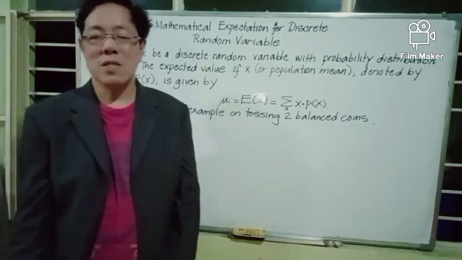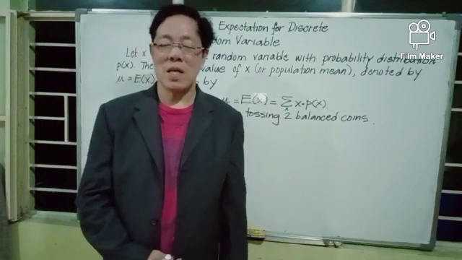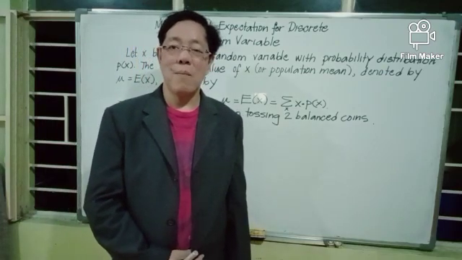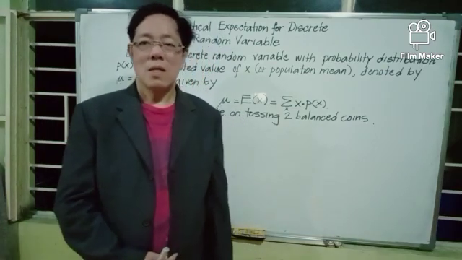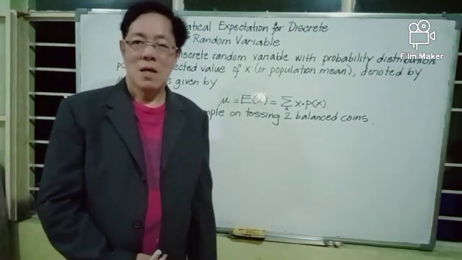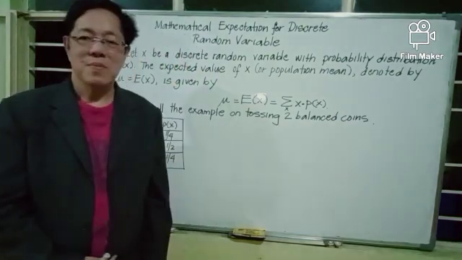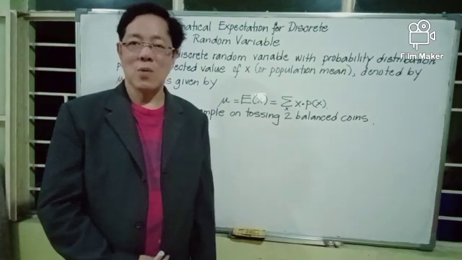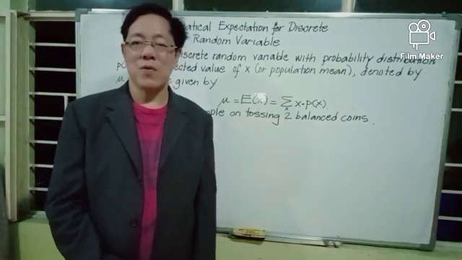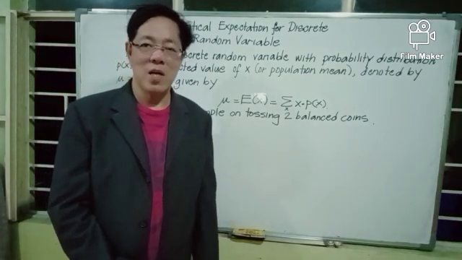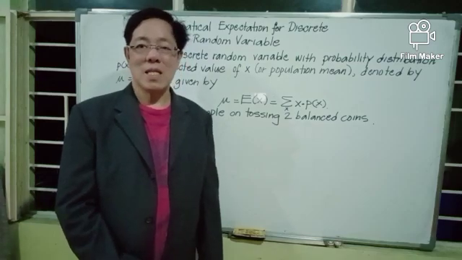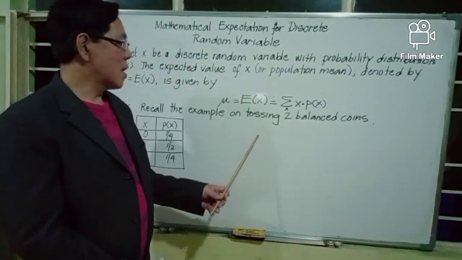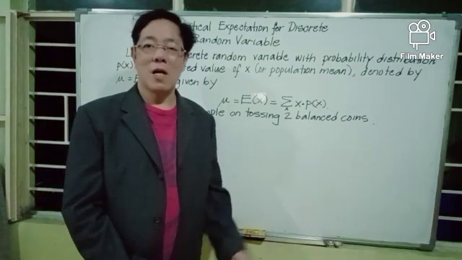And our discrete random variable x for that example represents the number of heads in the two balanced coins. We obtain the following probability distribution for x.